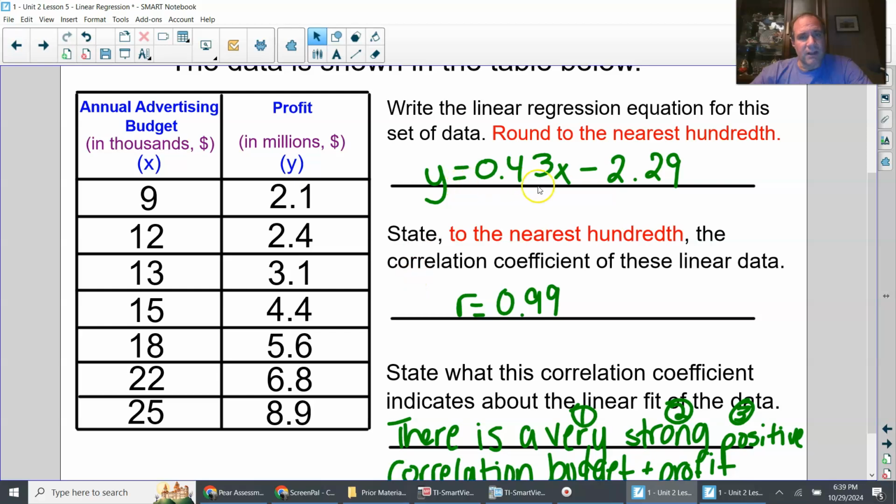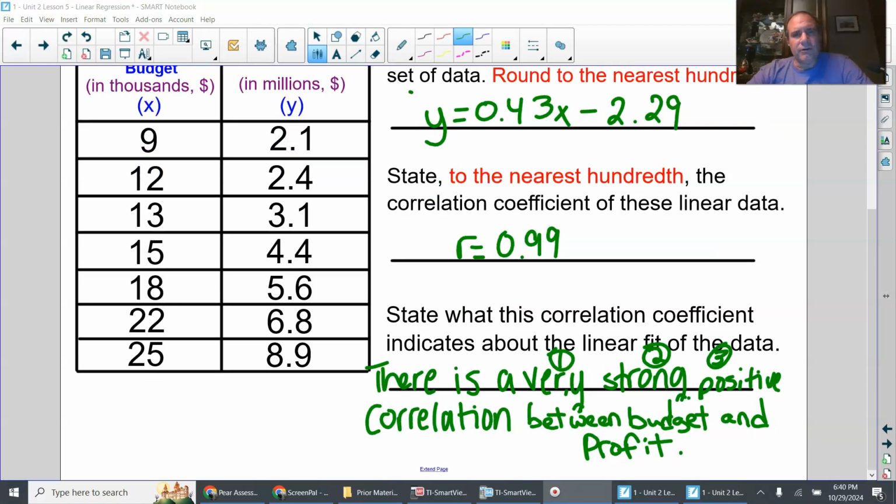And this is y equals 0.43x minus 2.29. And then our correlation coefficient is 0.99 to the nearest hundredth, and then state what the correlation coefficient indicates about the linear fit of the data. There is a very strong positive correlation between budget and profit, and that is it.